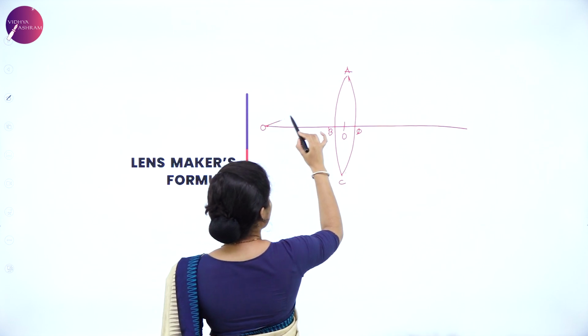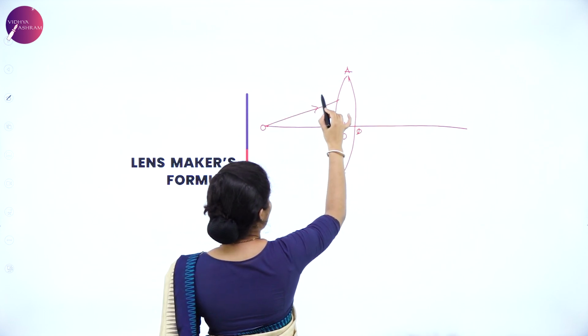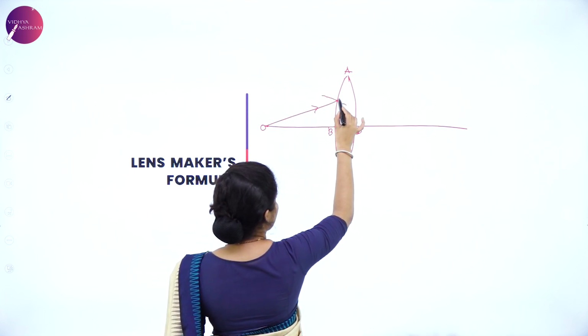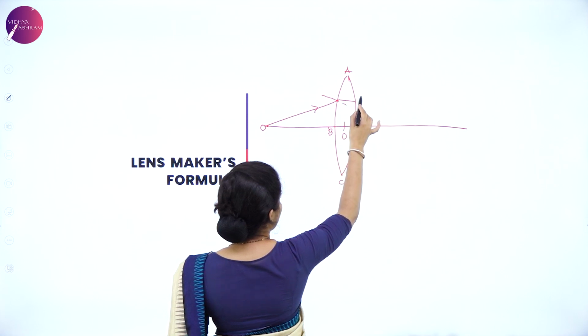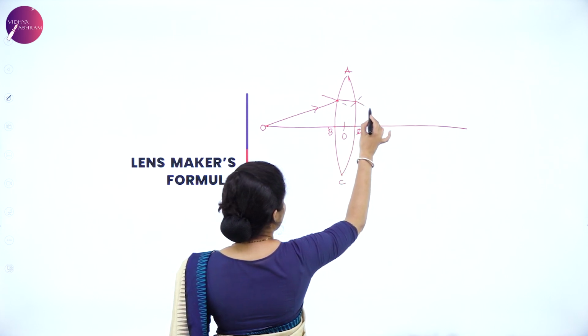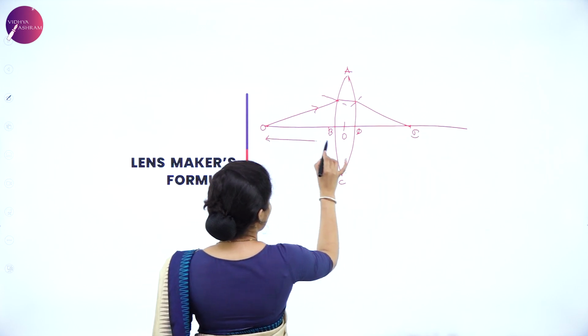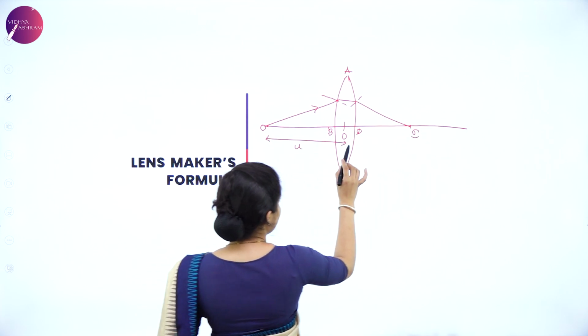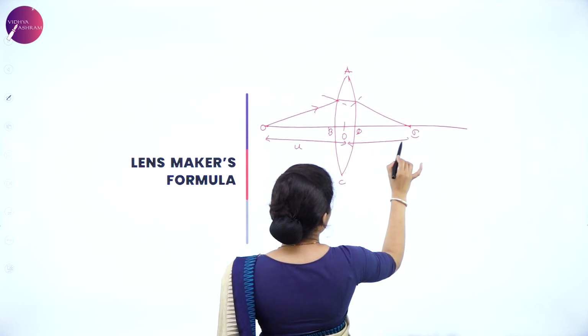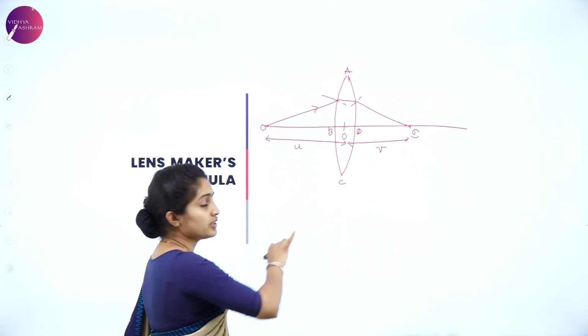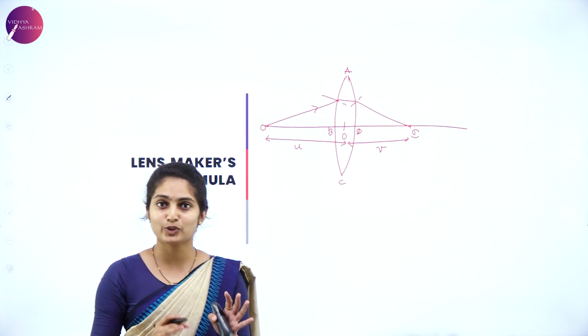The image falls here, and a normal is drawn to the surface. Again a normal is drawn to the other surface, and the image formed here we call I. The distance from the object to the optic center is U, and from the optic center to the image is V. This is the set of formation we have with respect to the lens.